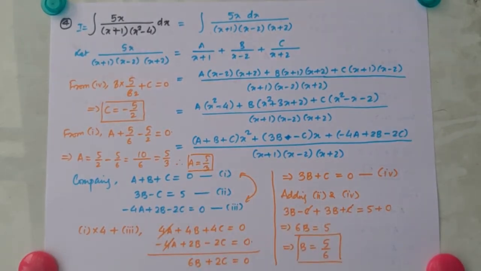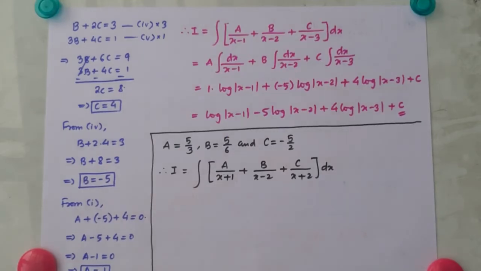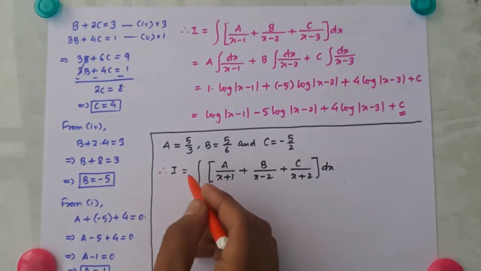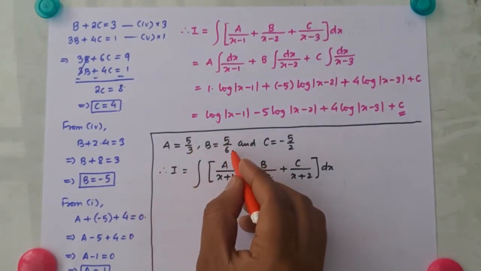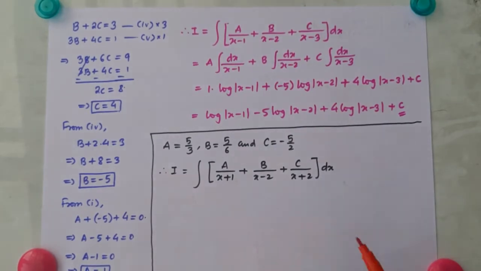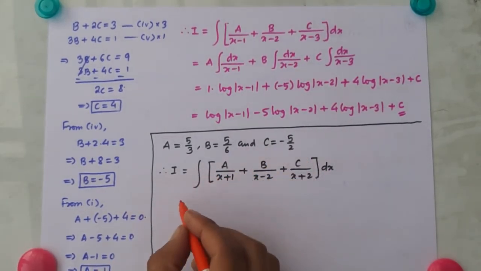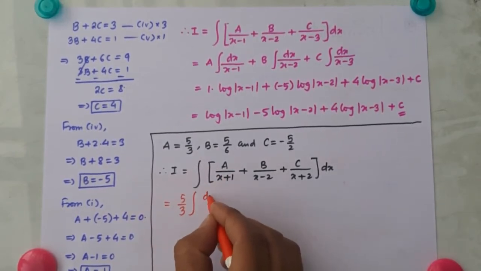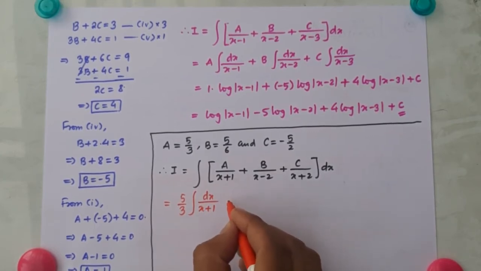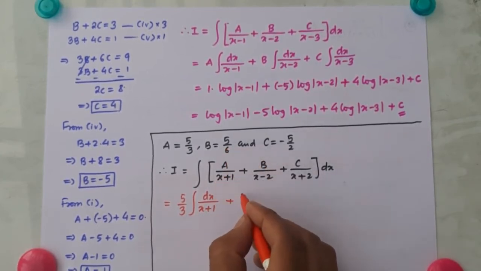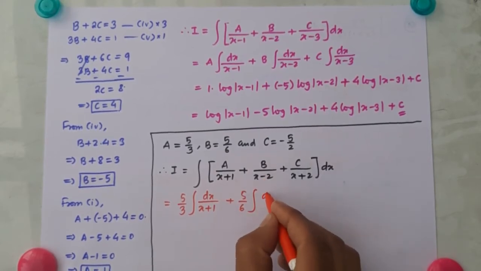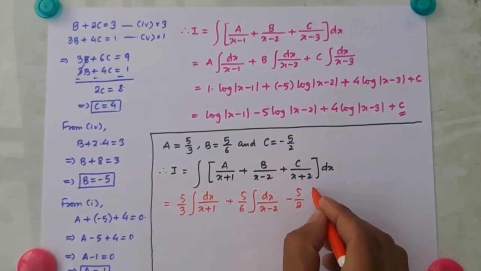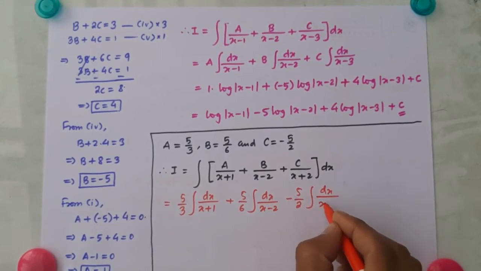Okay, so you may pause the video and note down till here. So the value of a is 5/3, b is 5/6 and c is minus 5/2. So your integral I can be written as 5/3 integral dx by x plus 1, plus 5/6 integral dx by x minus 2, plus minus 5/2 integral dx by x plus 2.